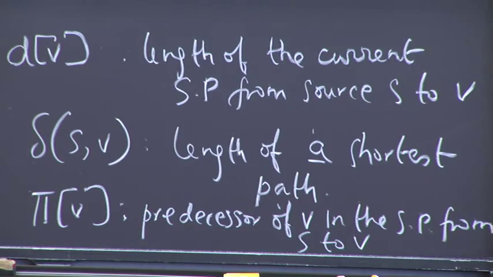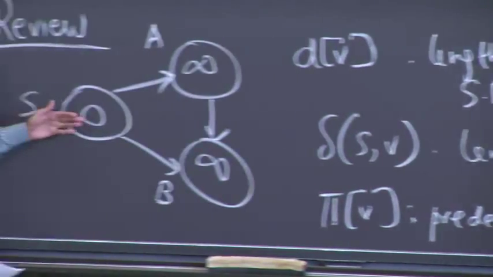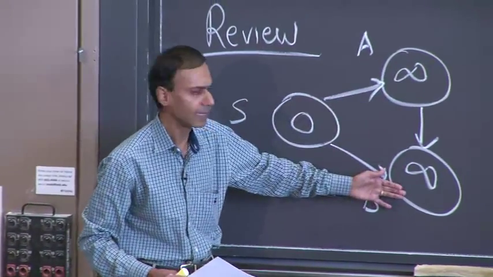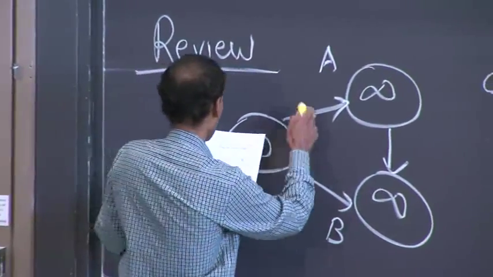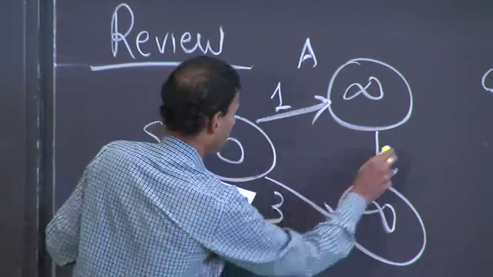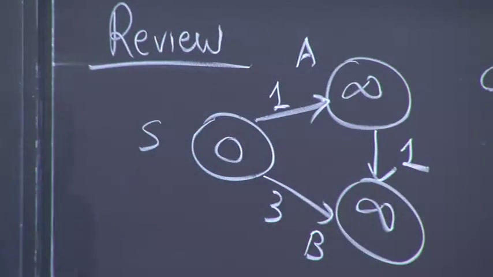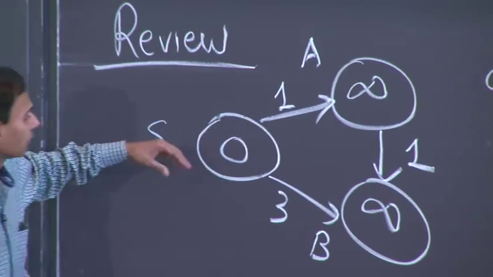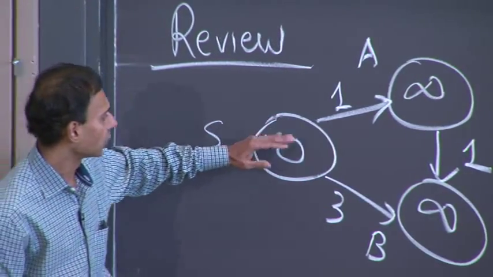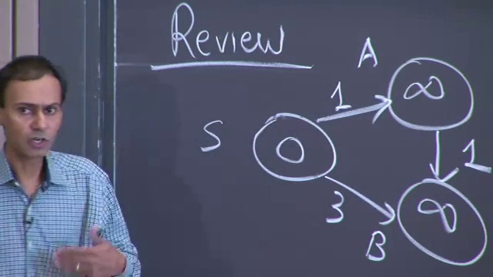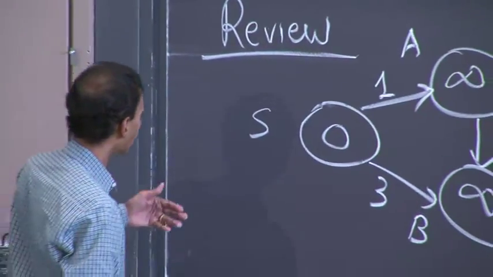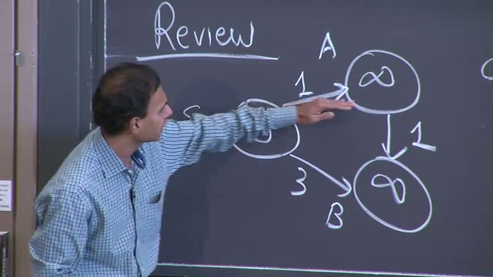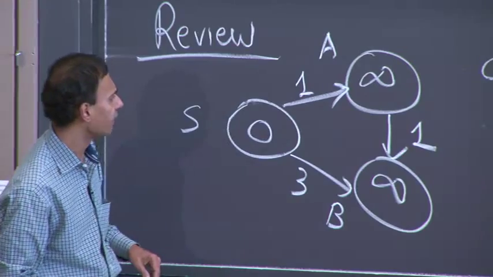So in this trivial example, you start with d of s being 0, d of a and d of b being infinity. Let's put down a few weights here. And what you do is potentially relax the edges that go out of S. This notion of relaxation, which I'll write out formally in a minute, we looked at it last time, is a process of following this edge and updating the d of a value.